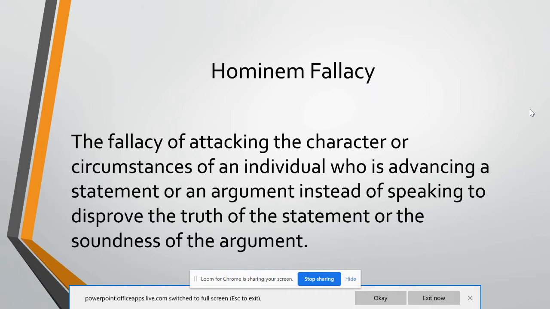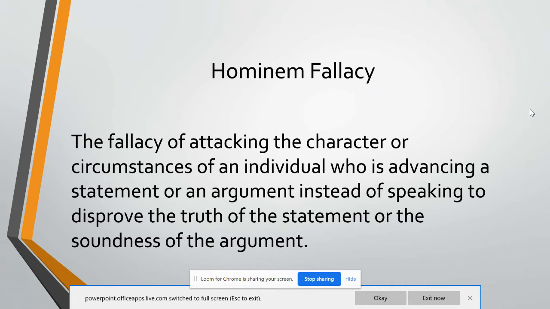So if you're arguing with someone about whether the smoking age should be decreased to 18 instead of where it is, 21 right now, and that person says, well, your nose is just way too big.